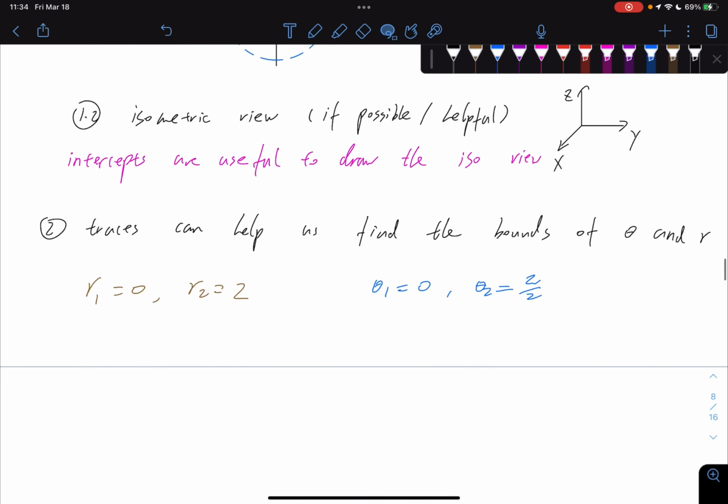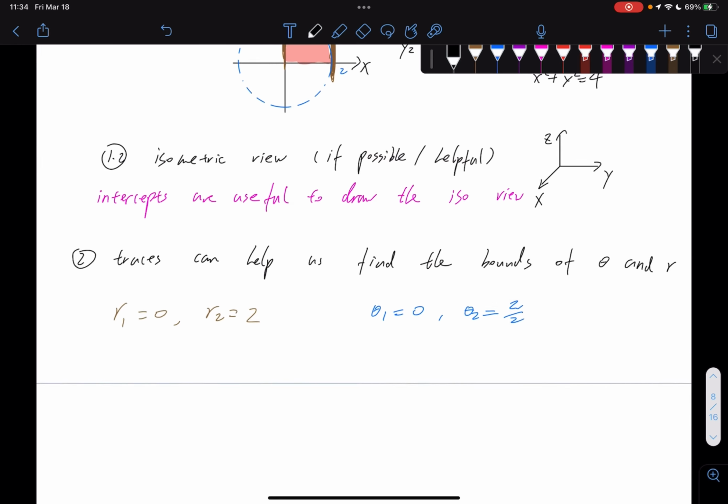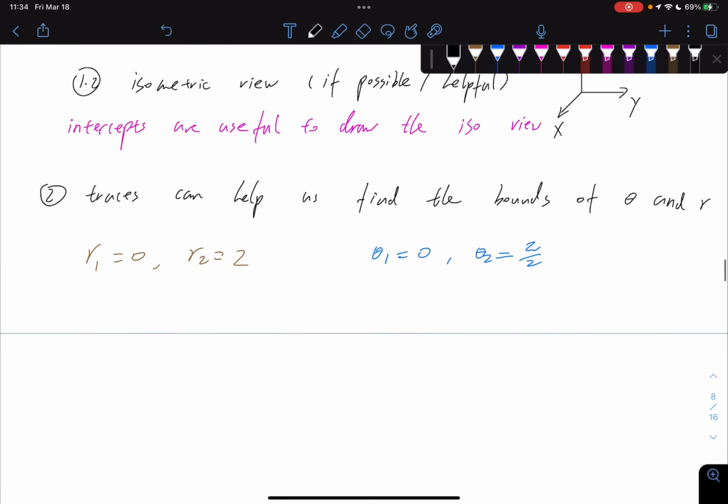And again, we don't need to convert the z bounds. So we're just going to convert.